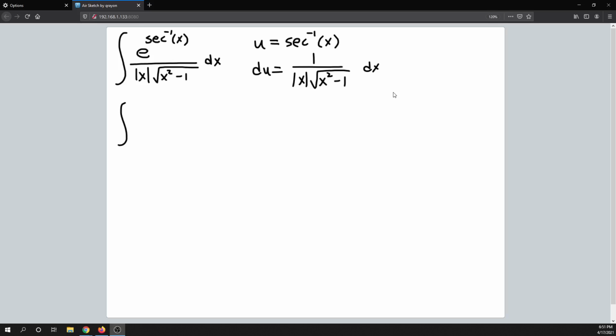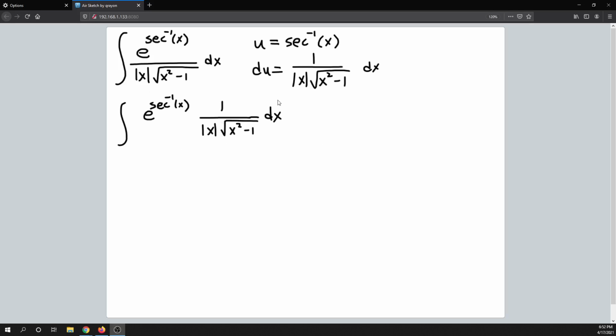If I pull that e to the inverse secant apart and then have 1 over x square root x squared minus 1 off to the side like this, then it's easy to see where these things get substituted.